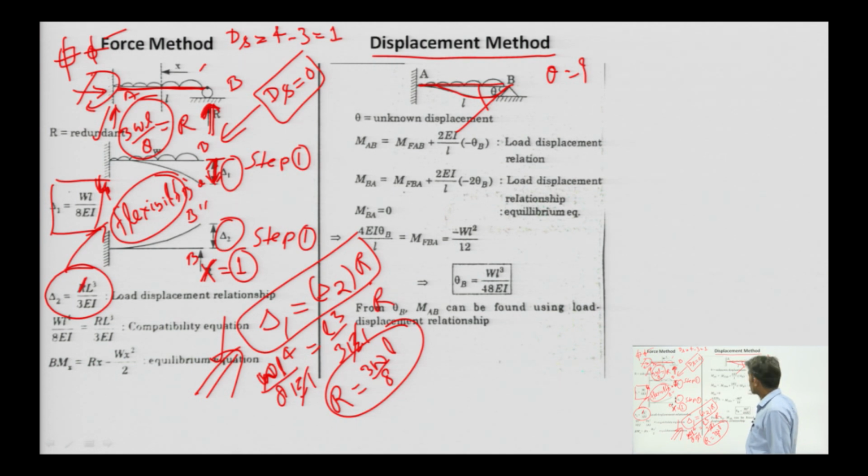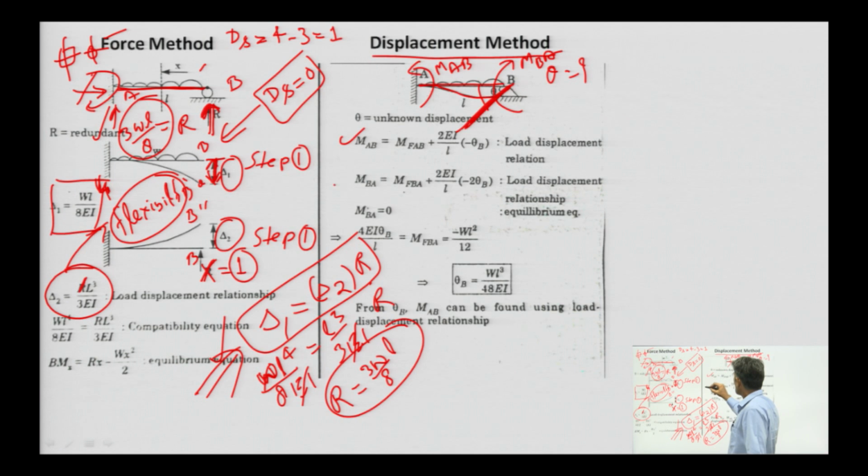theta means slope at this point, and we can calculate the value of moment. So, this theta can be expressed in terms of moment, here M AB and M BA, if this is the moment.